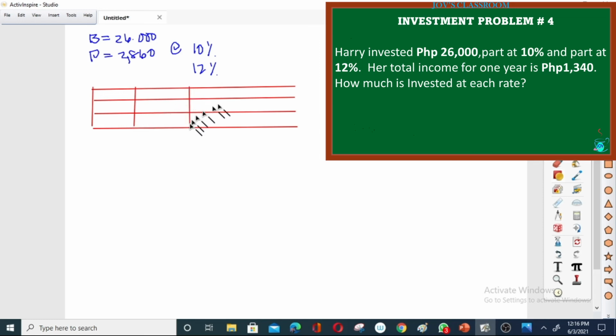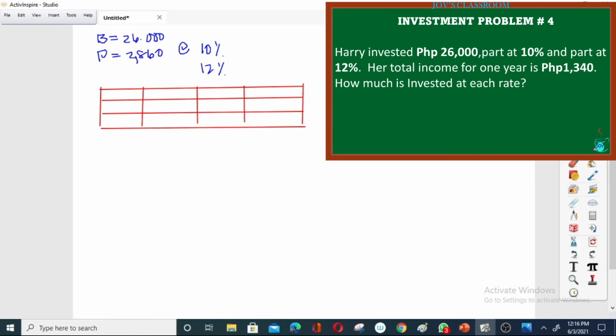This is the base, this is the rate, and this is the P. The money invested at 10% and then 12%. The rates are 0.1 and 0.12.